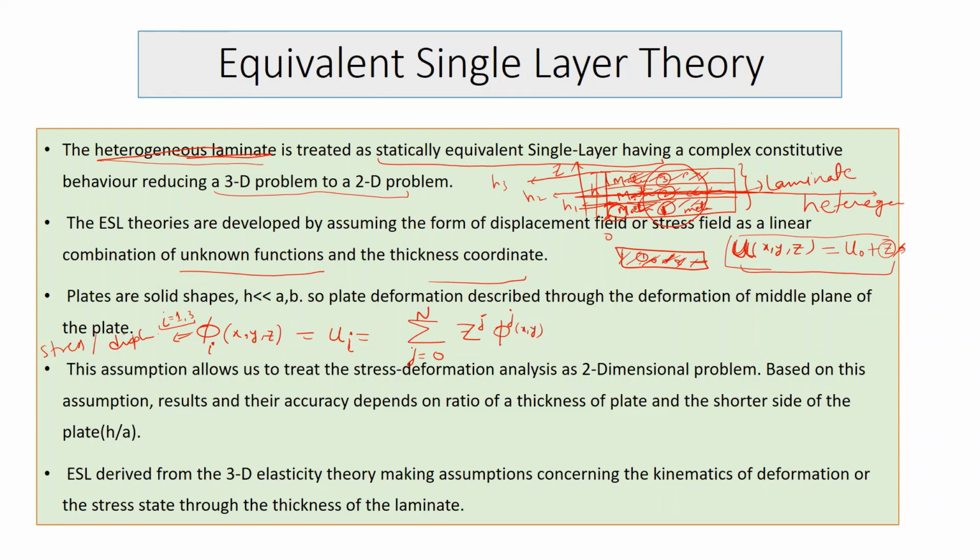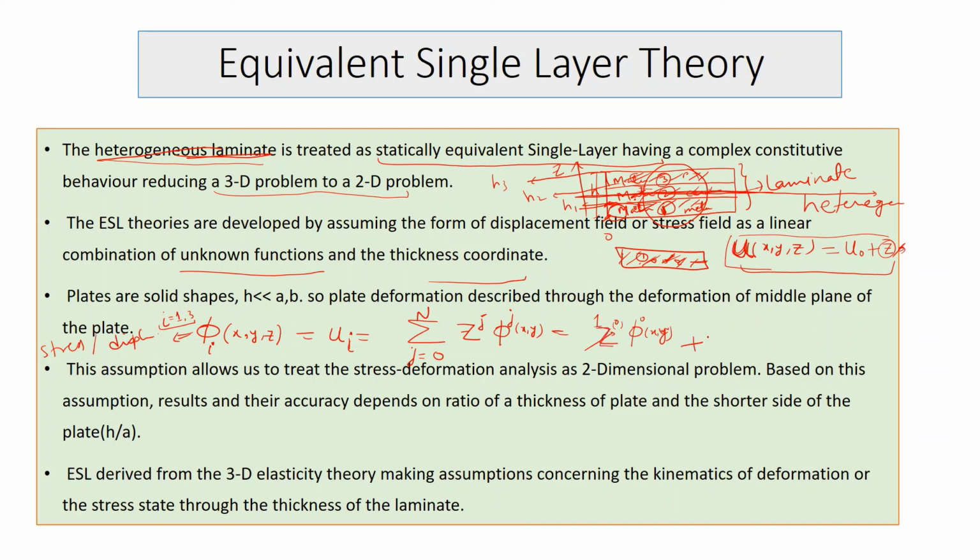Further, we can expand it. So z to the power 0, into phi naught of x, y. Z to the power 0 means 1, since any power to 0 is 1. It is not power 0 for phi, but for z it was power 0.